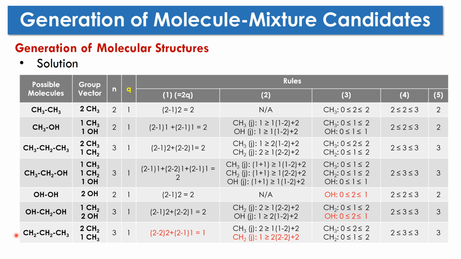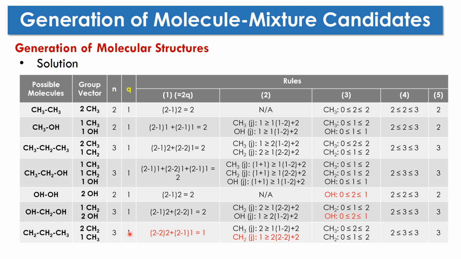And if you look at the molecules, the maximum number of groups available is 3 and minimum is 2. Also here I include the group vector just to see another representation of the structure. And then n is equal to 2 and 3 depending on the number. Basically I have already mentioned the number, and q is equal to 1 for all, right?